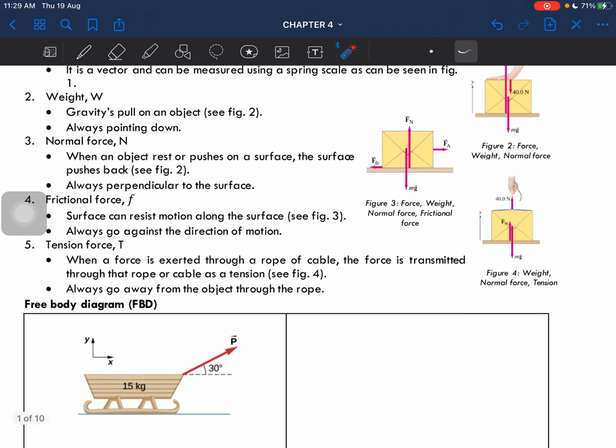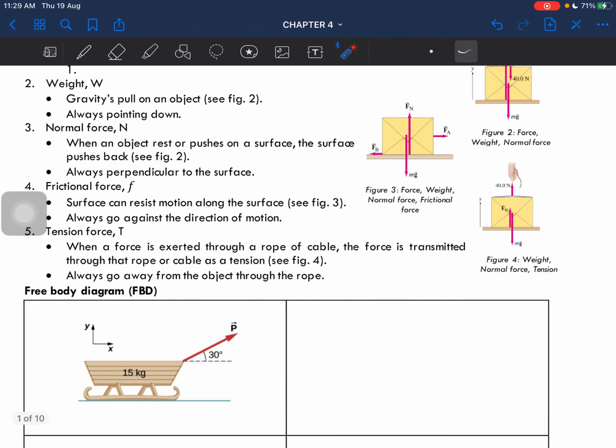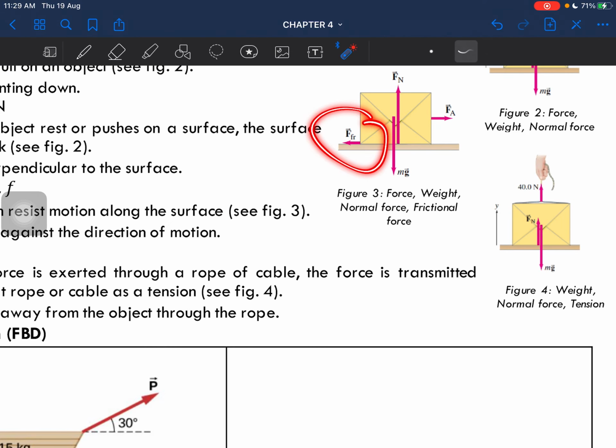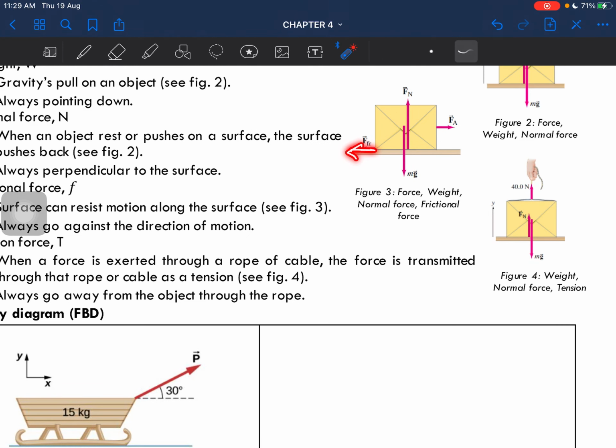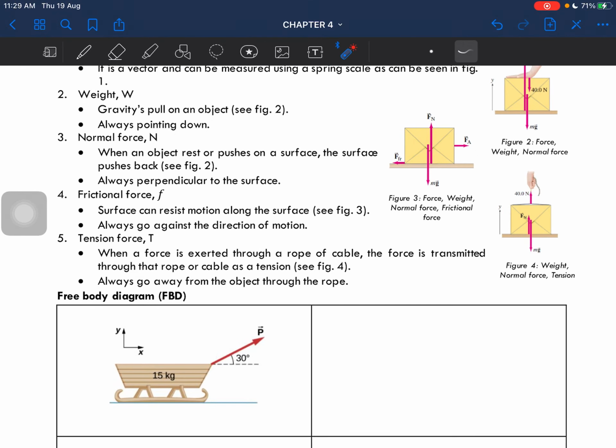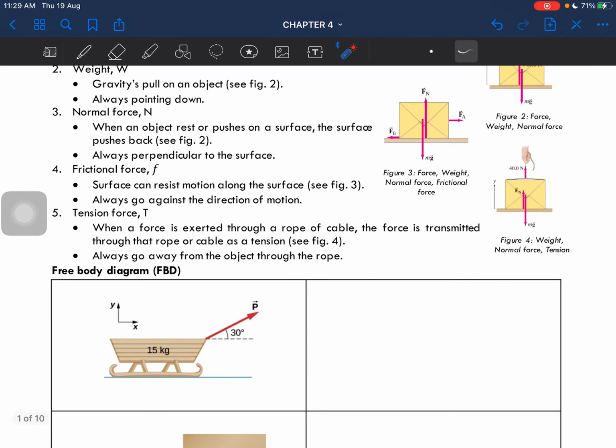And then we have frictional force, which is a force that resists the motion along the surface. It's this one here. This is our frictional force. If the object is moving to the right, the frictional force will be going against the motion, so it would be going to the left. And then lastly we have tension force if there's a rope or a cable.